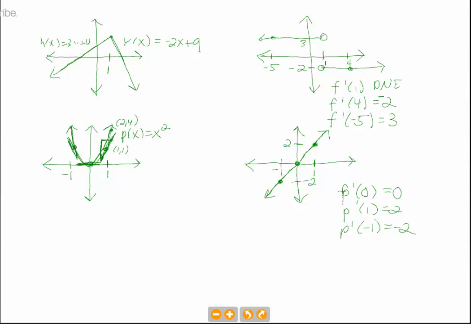If you read all of the slopes over here, like at negative a half, the slope is negative. It might be negative 1 here. At negative 2, the slope is also negative. So that's telling me about my original function that it's decreasing. And the same thing over on the right-hand side. This function is increasing over here.